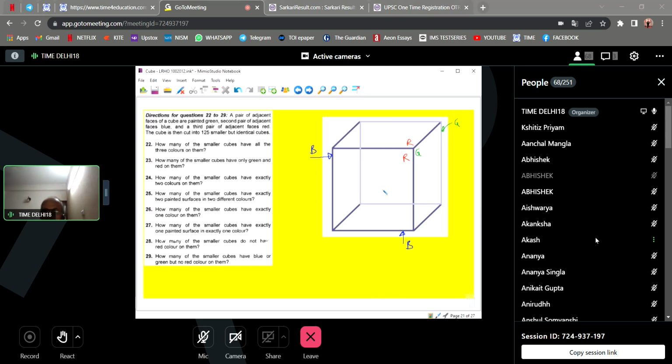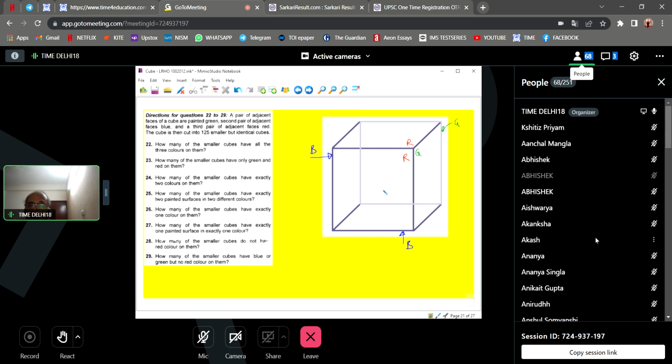Samrit, your answer for 24th is not correct. Kushal, your answer for 22nd is not correct. 23rd, 24th, 25th, 26th and 27th are also not correct.